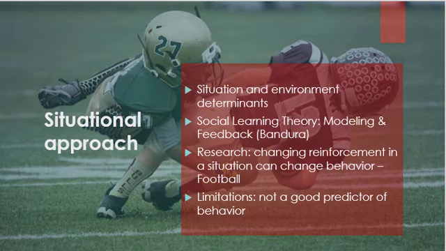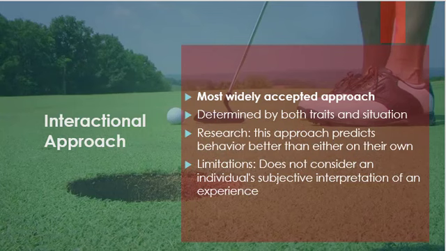When looking at both trait and situational approaches, it's really important to find that middle ground. And that middle ground turns out to be the interactional approach. And it's that interactional approach that really allows us to understand an individual based on multiple factors, right?